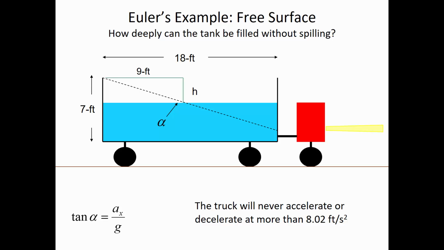The formula that Euler's gives us is that the tangent of the angle is the ratio of the acceleration, so 8.02 feet per second squared divided by 32.2 feet per second squared. And what that says is that the angle is 14 degrees.